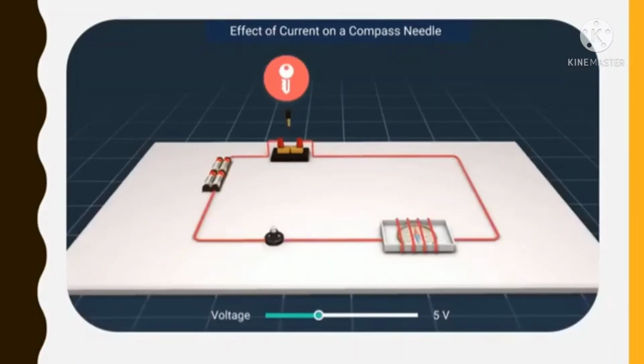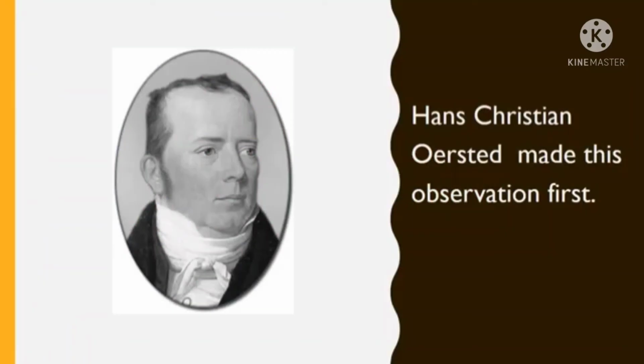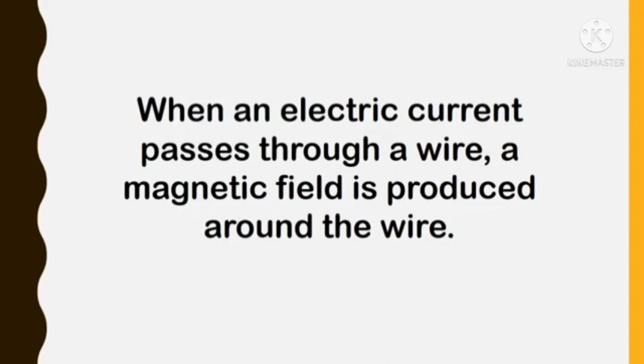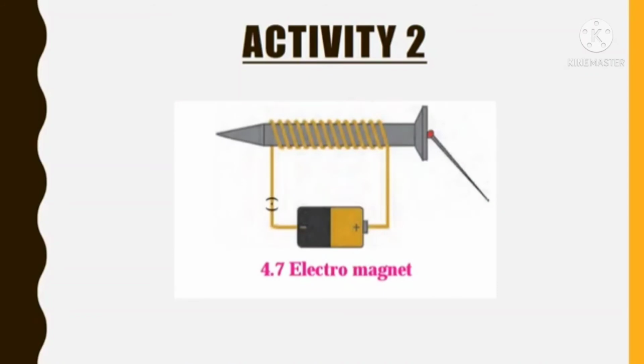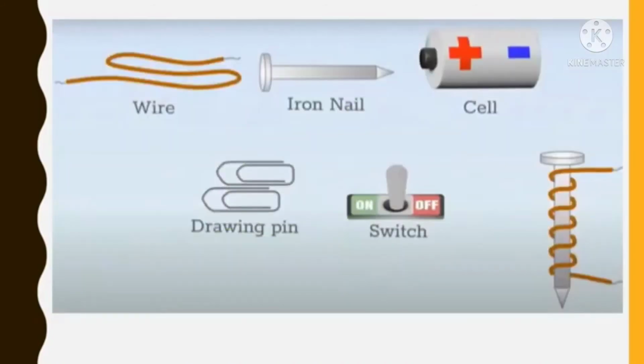In your first unit test portion, there are only 4 chapters that you have to study. Hans Christian Oersted made this observation first: when an electric current passes through a wire, a magnetic field is produced around the wire. Based on this is the activity. One nail is to be covered with the wire wound around it.